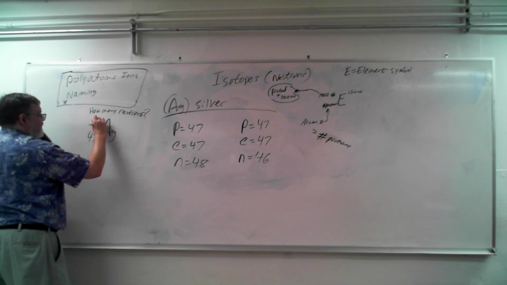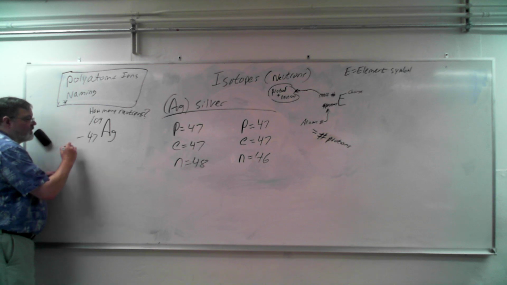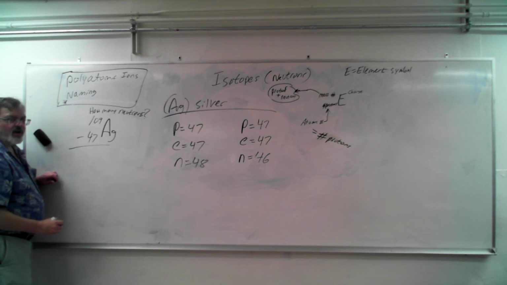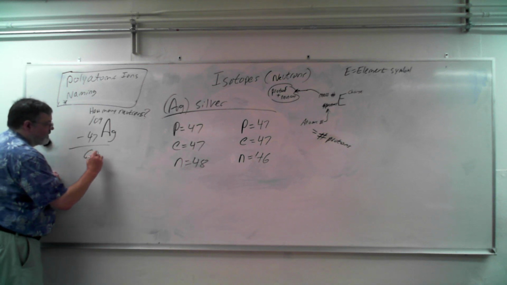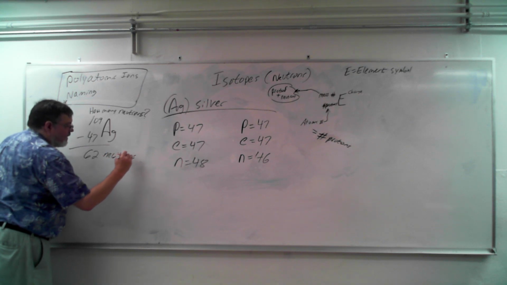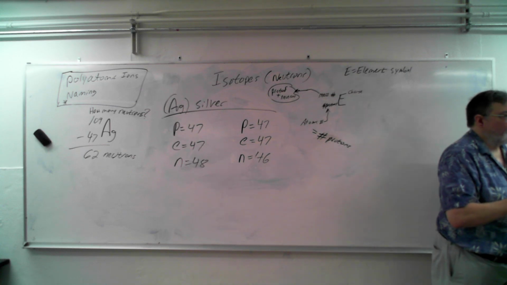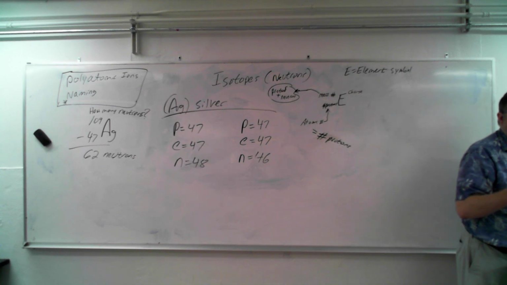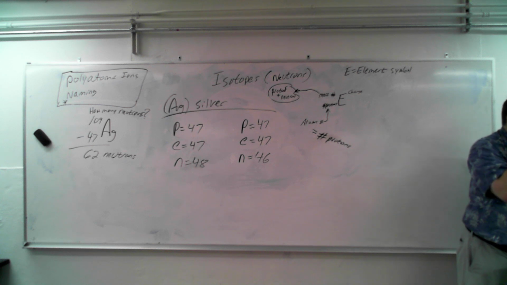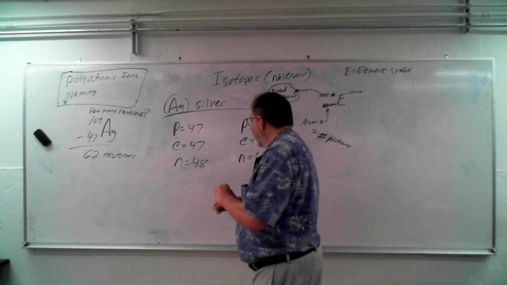It's literally this: 109 minus 47. You guys okay with that? That's one way we represent isotopes. And again, we'll talk about isotopes for a little bit, and then we're just going to ignore it for the rest of the semester.